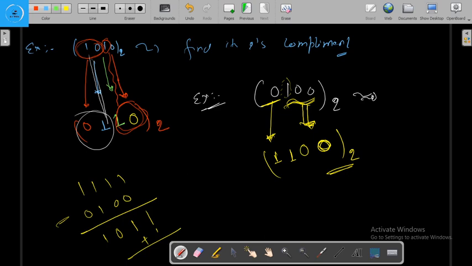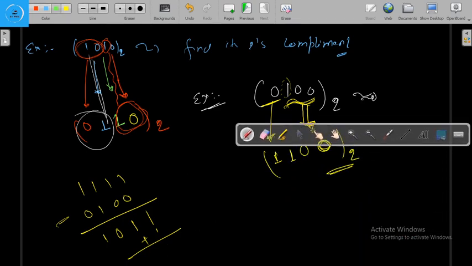After adding plus 1, 0 plus 1 is 1, then 1 plus 1 is 0, we pass the carry here, and then 0 plus 1 plus carry gives 0 again with another carry, then 1 plus 0 plus carry equals 1. So we get 1100.